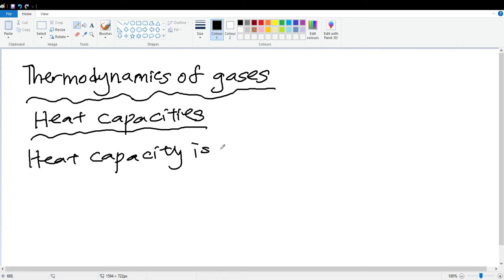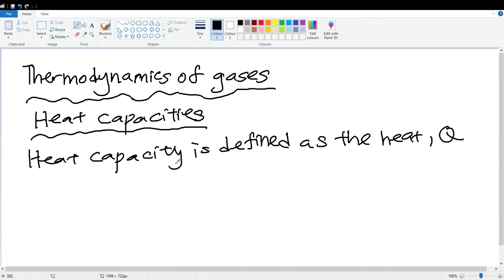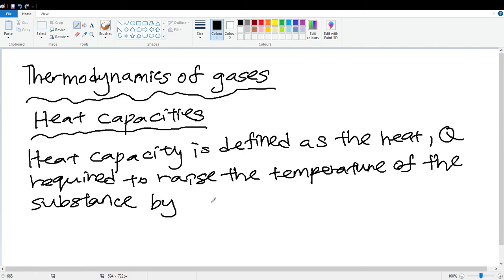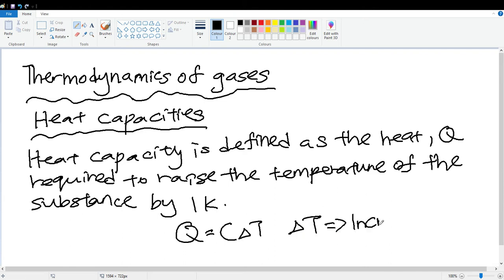Heat capacity is defined as the heat required to raise the temperature of the substance by 1 K. Our heat is denoted as Q. The formula given is Q equals C delta T, where delta T is the increase in temperature.